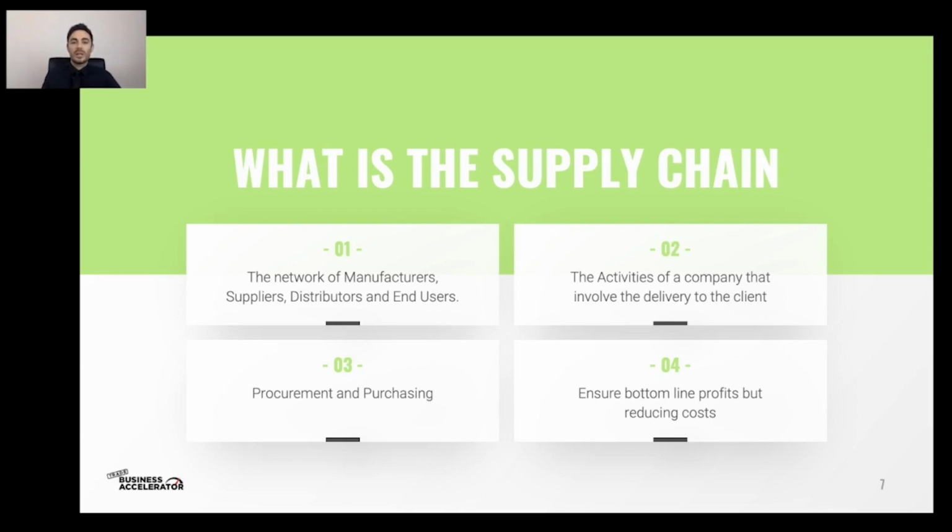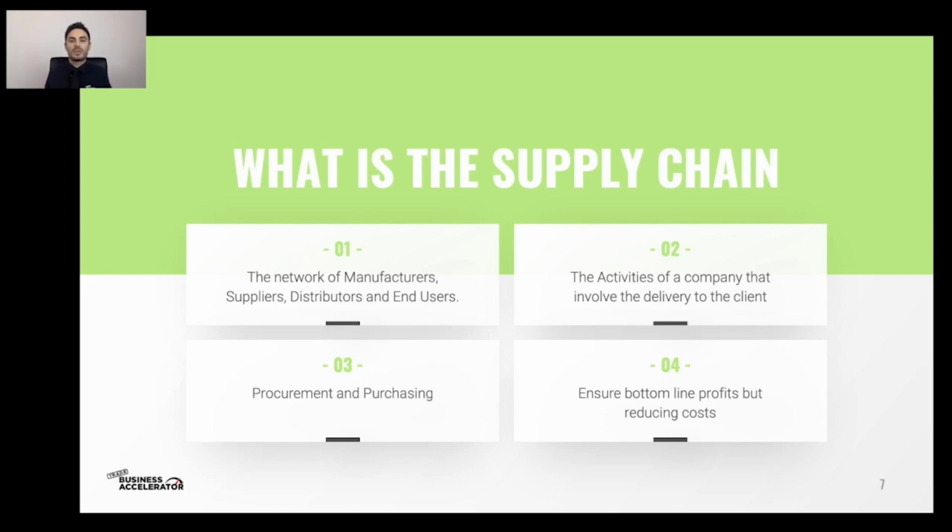So if we're not increasing our prices to the end user, and this is point 4 now, the best way of ensuring the best bottom line profits we can make is by reducing our costs. One of the best ways of reducing our costs is by having good procurement in place, so that we're sourcing items in the most efficient and cost-effective way we can, so that we have a much healthier gross margin on our transactions and our top line business activity, so that our bottom line benefits as much as possible.